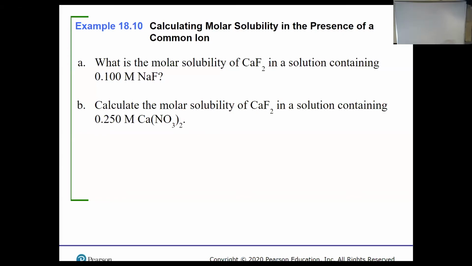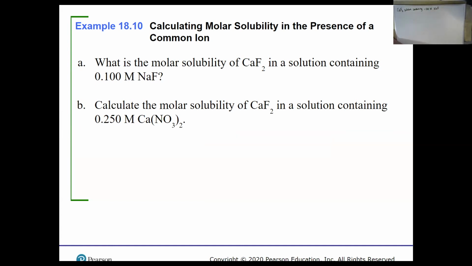We're going to look at these two questions. So we have a CaF2 solution containing 0.1 molar NaF.